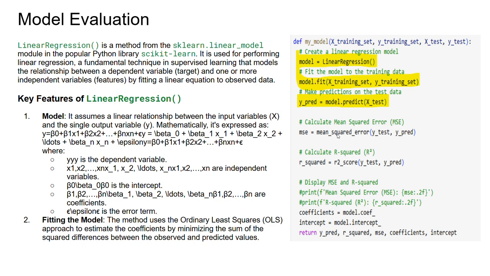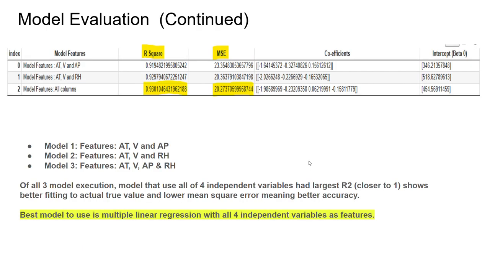I'm going to calculate the mean squared error between the test data and the predicted data. Then I'm also computing the R-square score. I'm also getting the coefficient and intercept. Intercept is the beta 0 in the linear equation. This one, the beta 0. So I'm going to get this for all three executions and then print in a table, and then we can talk about it.